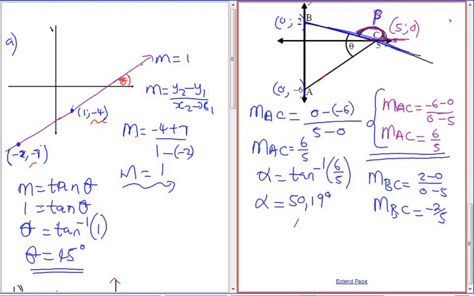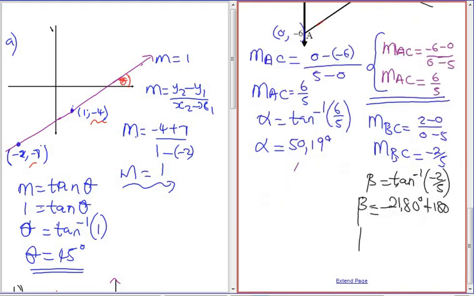So let's get our beta quickly. Go to your calculator and say beta is equal to tan inverse of -2 over 5. If you use your calculator wisely, you should be able to get the correct answer of -21.80. And because it's negative, you just add 180 to it, so you can get your obtuse angle, which in this situation will be 158.20.